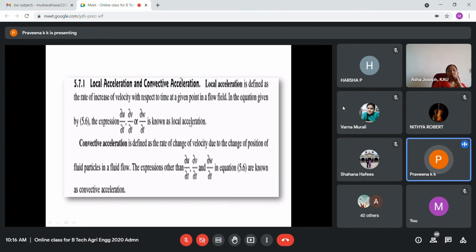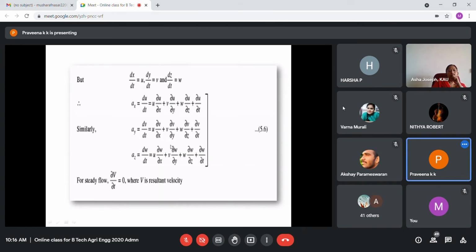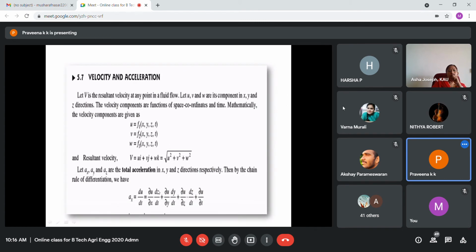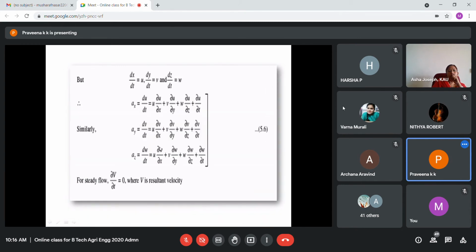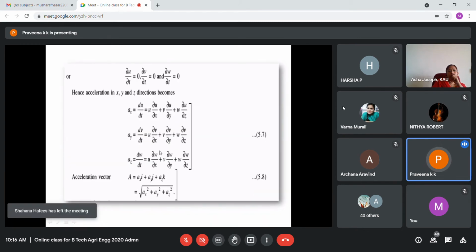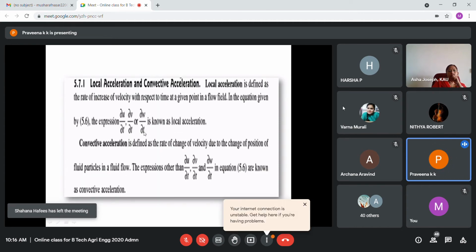In the previous equation, the local acceleration can be written as follows. Here in these equations, dou u by dou t, dou v by dou t and dou w by dou t are the local acceleration.